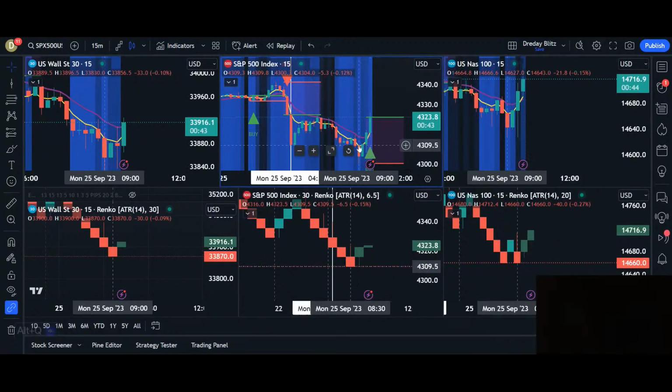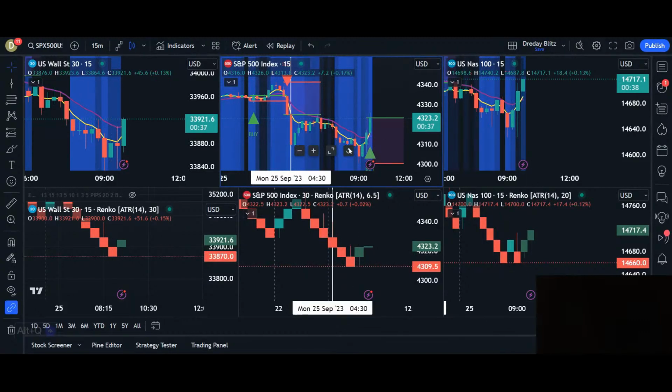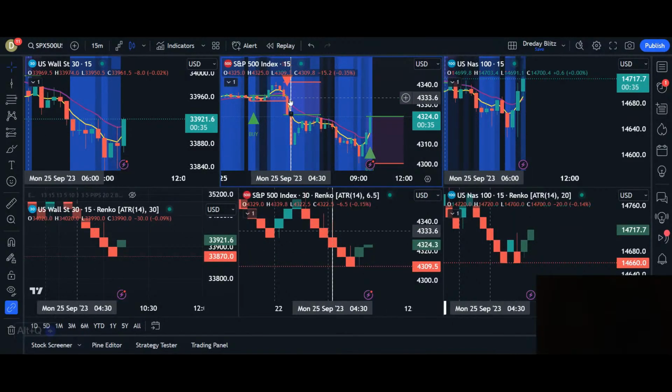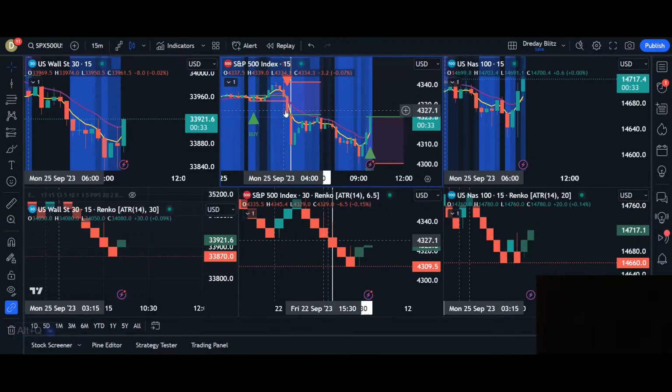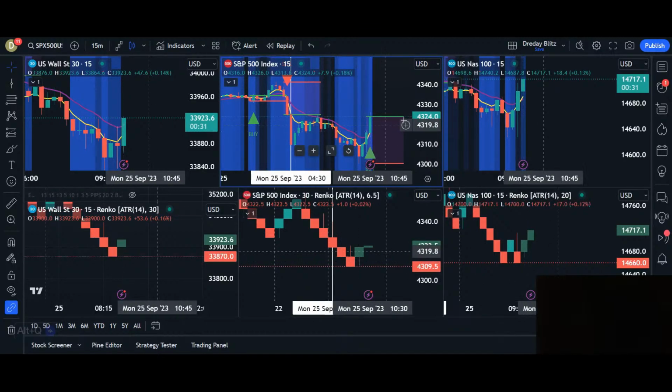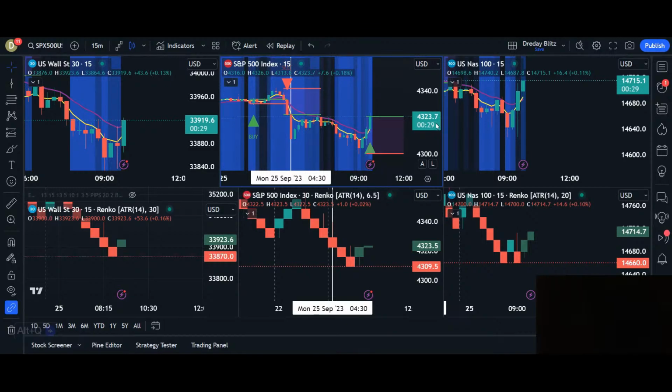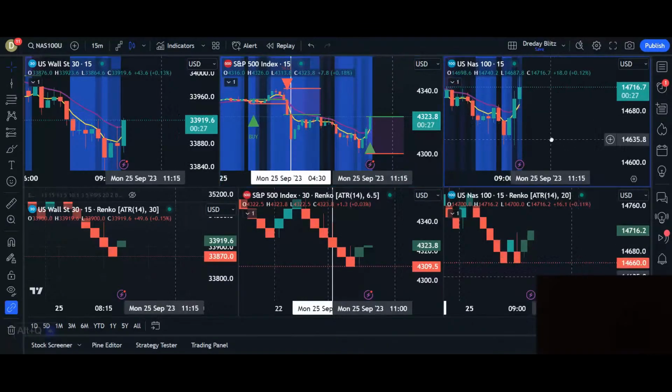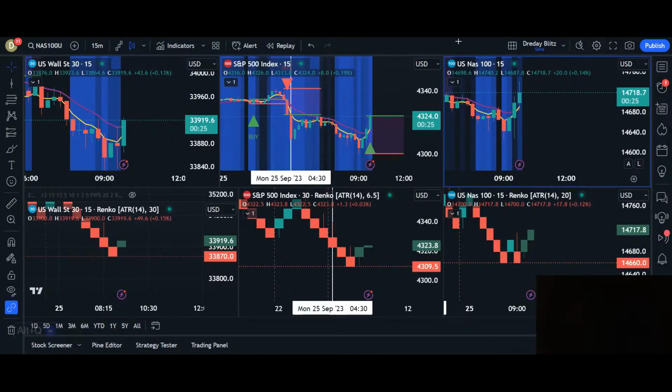So you would be out since this area here if you trailed it. So you would have been in from here to here. I hope that explained everything, especially for Leon.